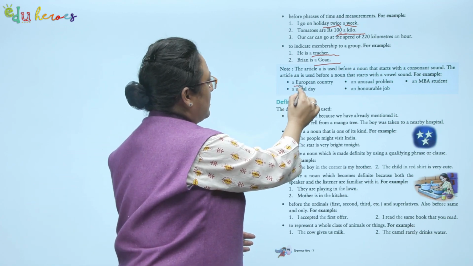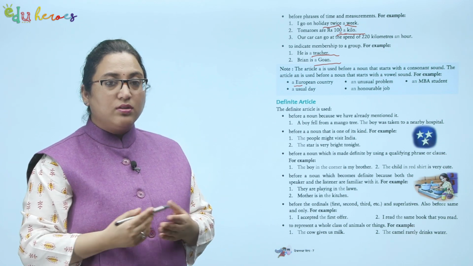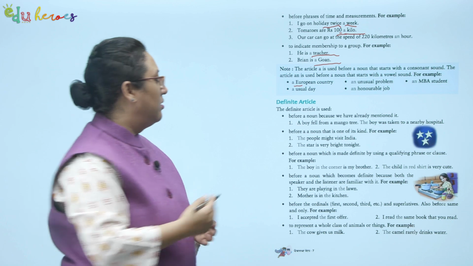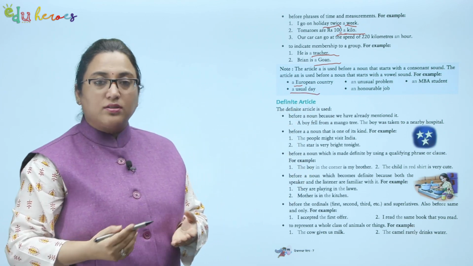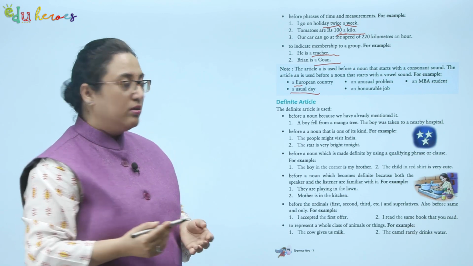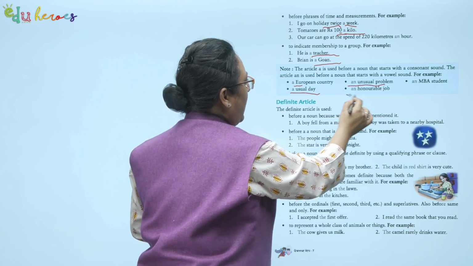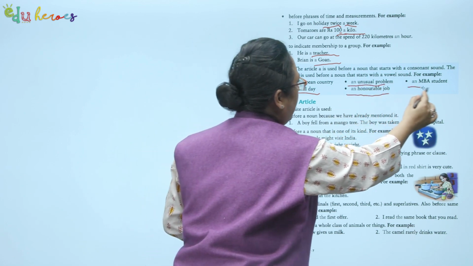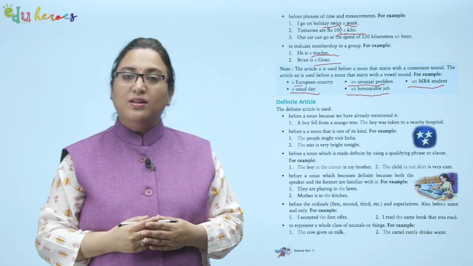Now the letter E is a vowel but the sound is not a vowel. A usual day, again, it looks like a vowel. It is a vowel letter but not a sound. Whereas here, an unusual problem, an honorable job, an MBA student, because all these words are beginning with a vowel sound.